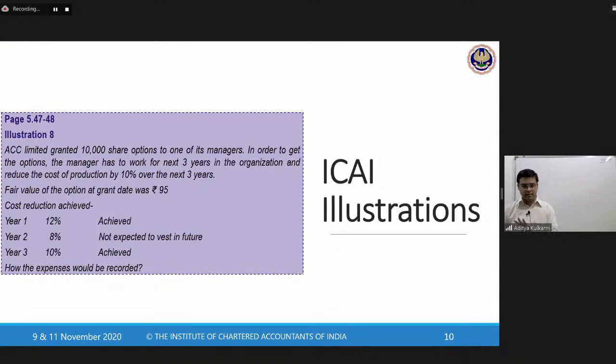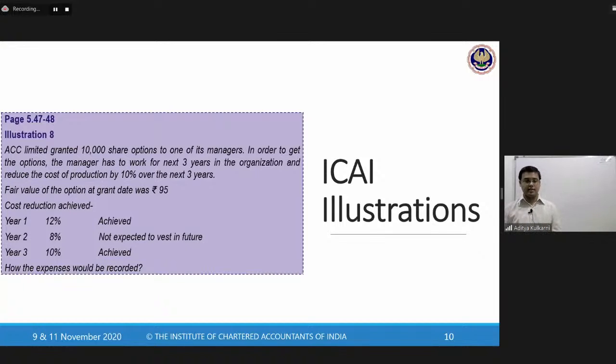So 3 years is your service condition, number 1, and reduce the cost of production by 10%. This is a performance condition. As I said, a performance condition will always be a service condition plus a target. Fair value of the option at the grant date was 95 rupees. That you will take to measure the expenses.